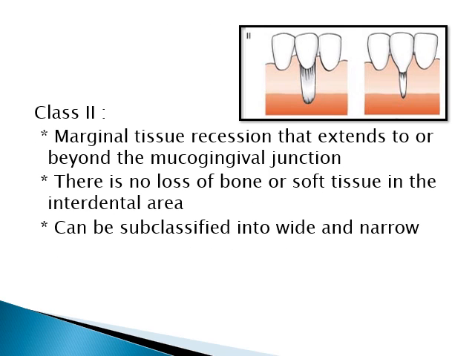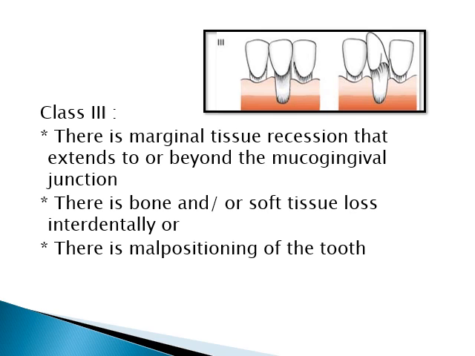Class 2, marginal tissue recession extends to or beyond the mucogingival junction, but there is no bone loss or soft tissue loss in the interdental area. It can be subclassified into wide and narrow. Class 3, there is marginal tissue recession extending to or beyond the mucogingival junction.